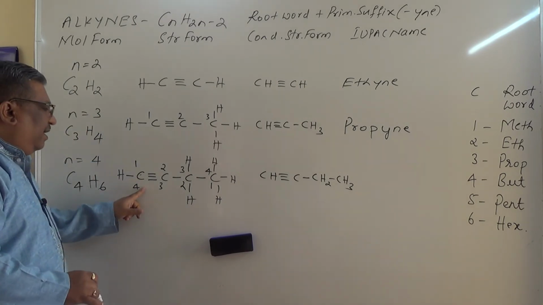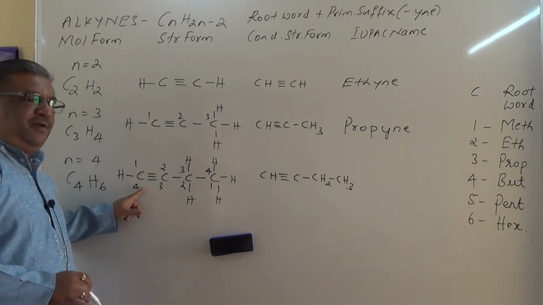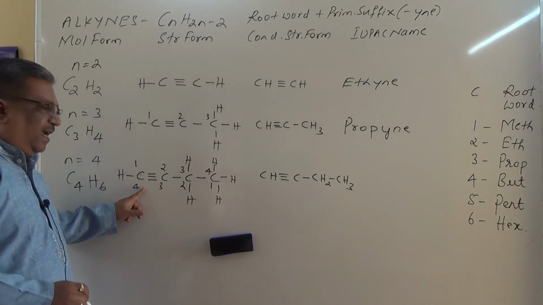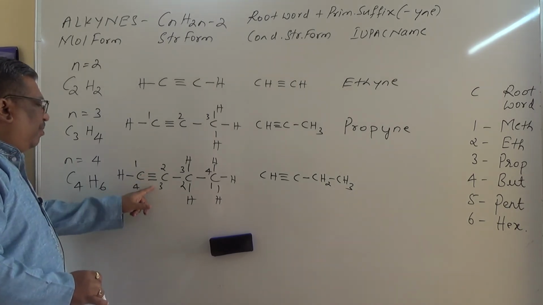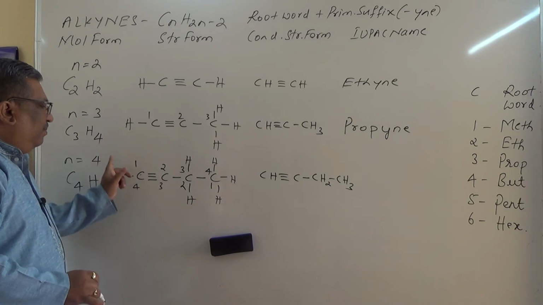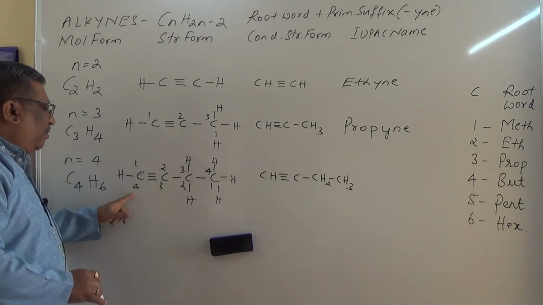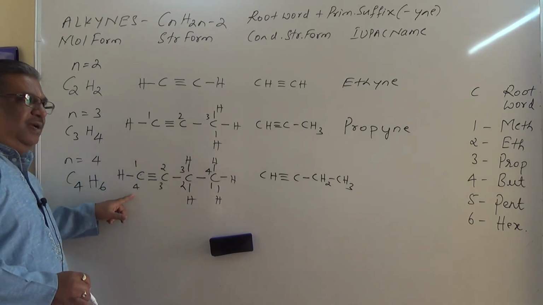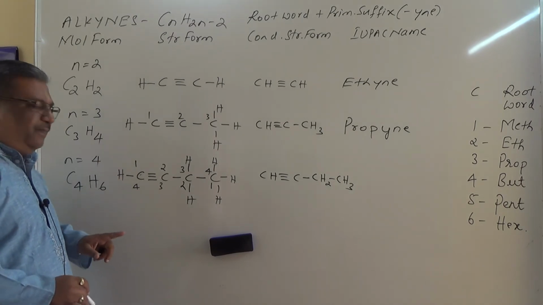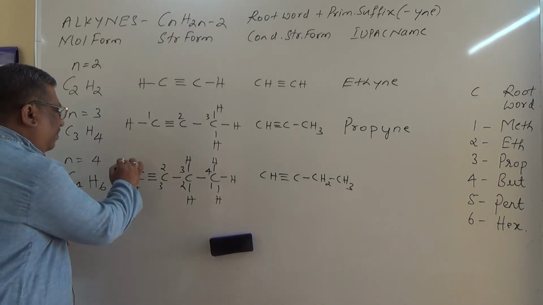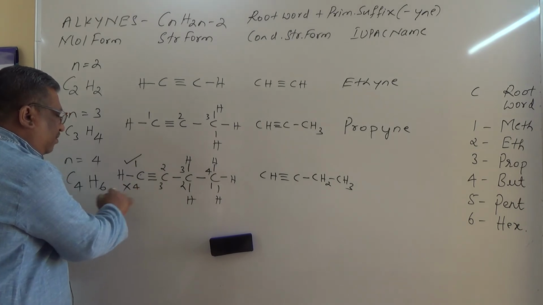Here the locant is the position of the carbon atom to which the triple bond is attached. So the locant of the triple bond is 1 from the top. From the bottom the locant is 4. The locant should have the least count, and therefore the top numbering is correct and this numbering is wrong.